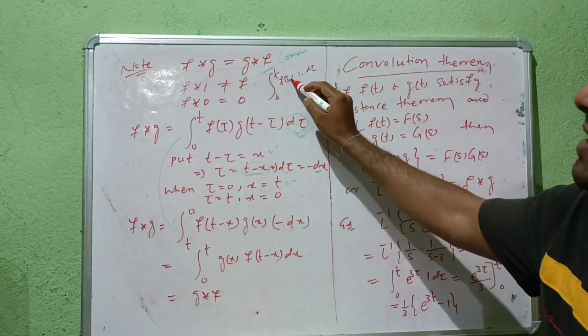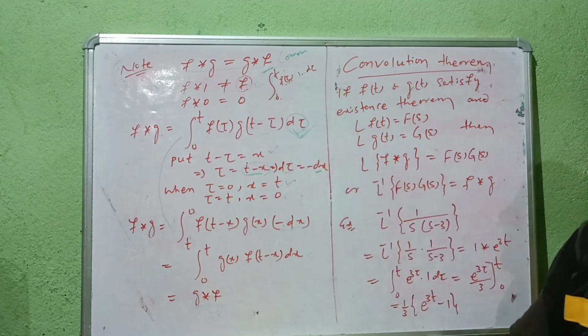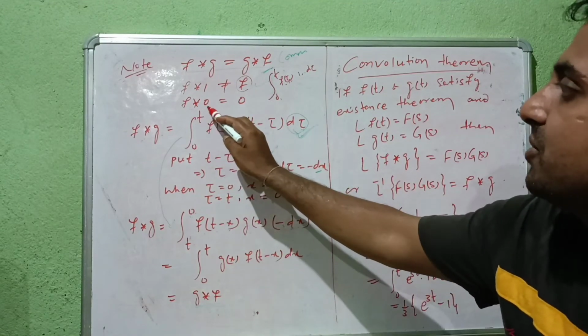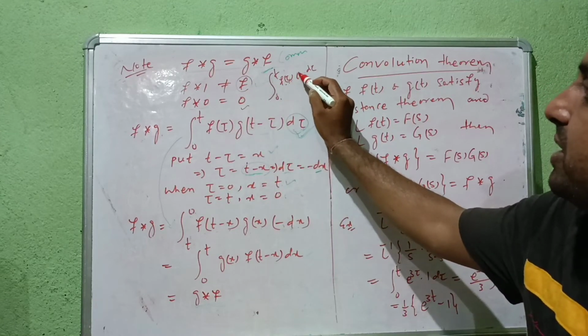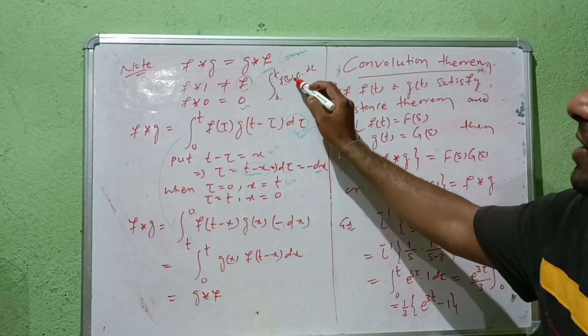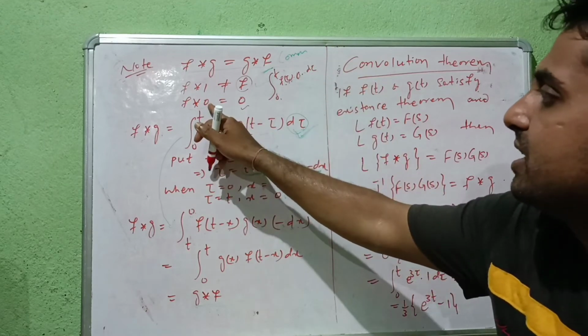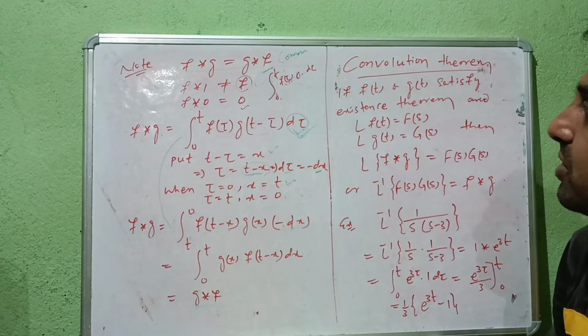This will be the integration of f from 0 to t, but here it is only f. So f star 1 is not equal to f. And f star 0 is equal to 0, because g of t minus tau will be 0 here, so 0 into this will be 0. So f star 0 is always 0. So these are some properties of convolution.